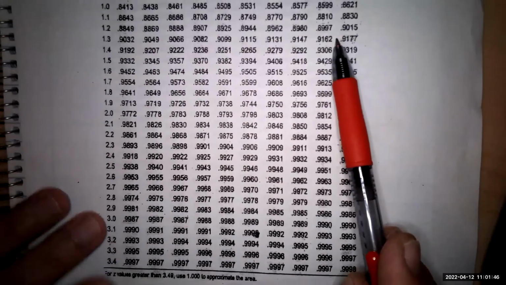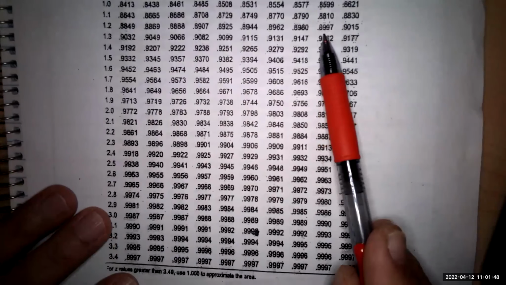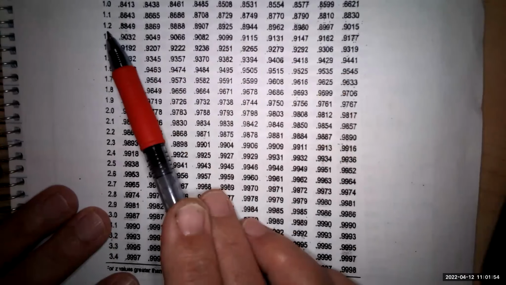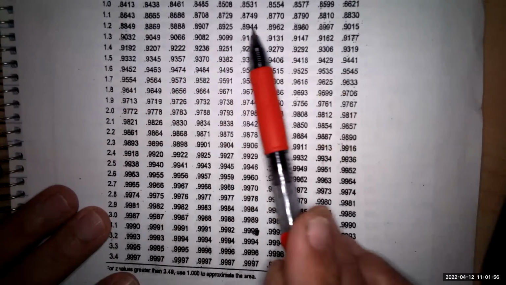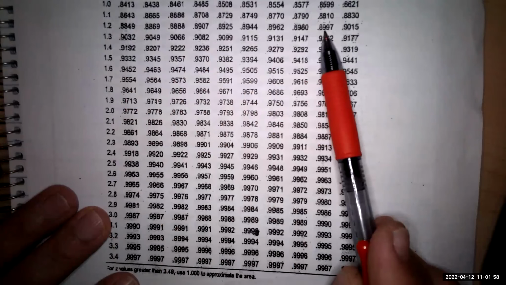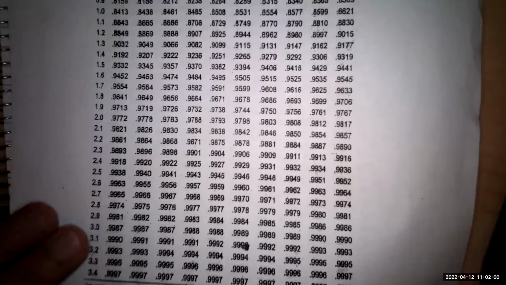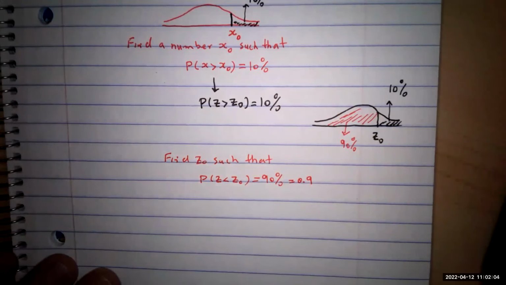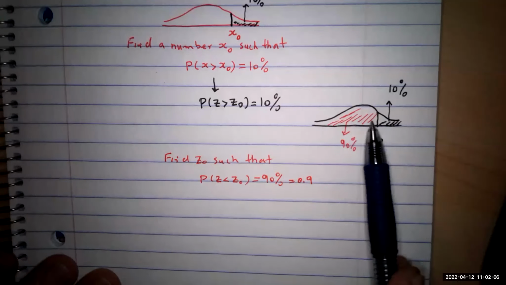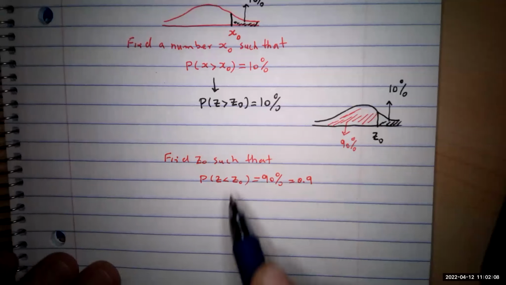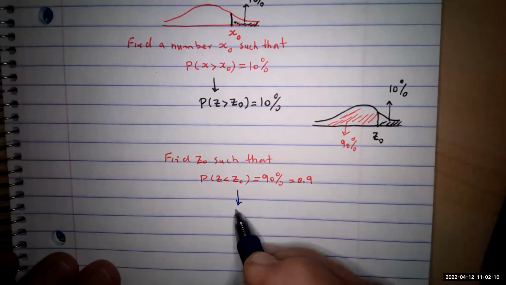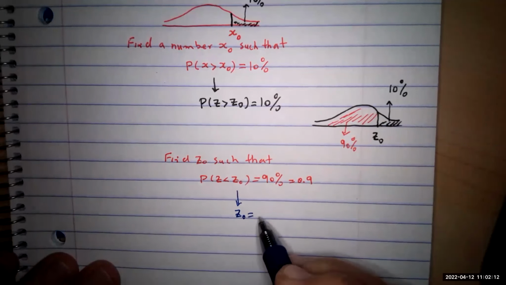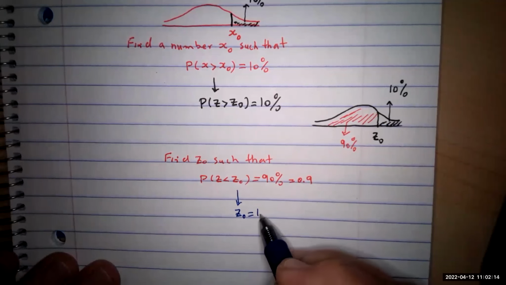We don't mind, but I just picked the best one. So if you pick z naught to be 1.28, the area going back here would be 90%. So that number, as we talk about it, z naught is equal to 1.28.